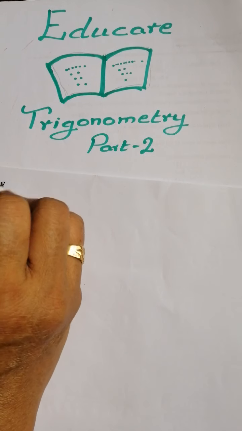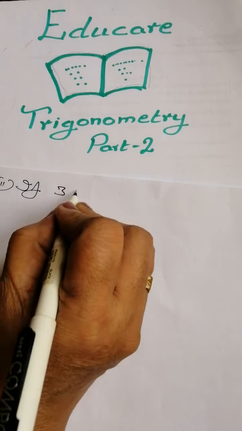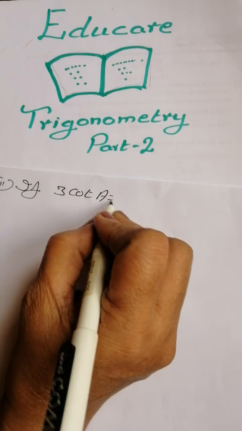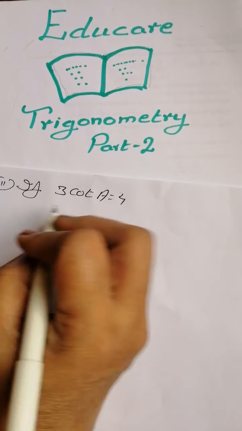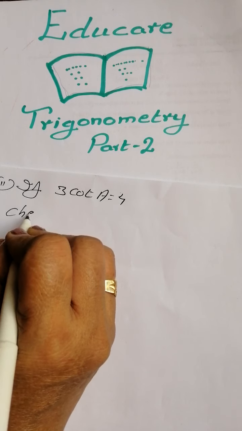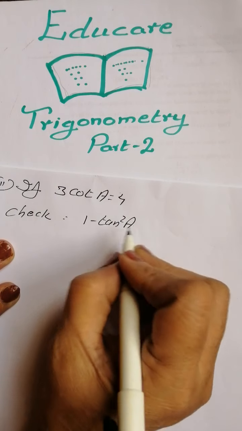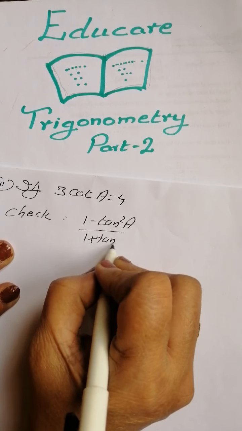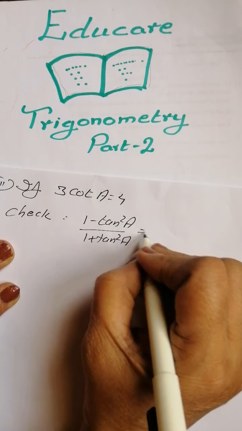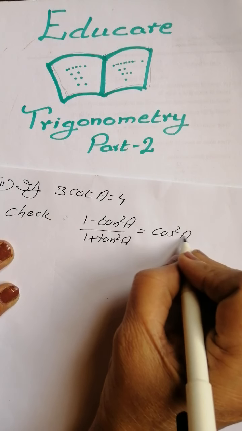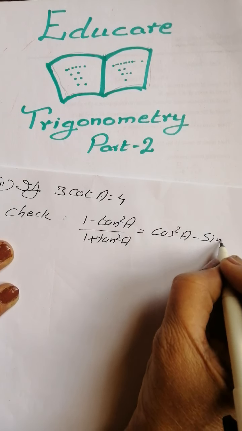Okay. Now comes the second question. Write the question fast, dear. The question is, if 3 cot A equals 4, check whether 1 minus tan square A by 1 plus tan square A equals cos square A minus sin square A. True or false?